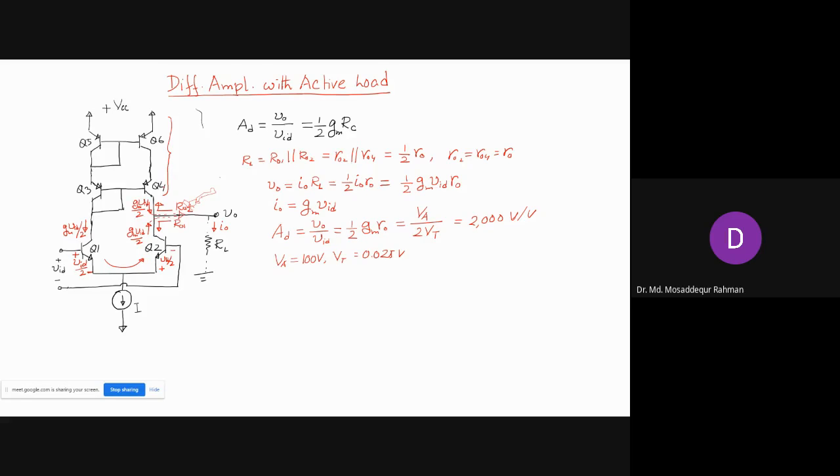So this part is in cascode configuration. This is the current mirror, so this is the current mirror in cascode configuration. So we have the cascode current mirror as our active load.